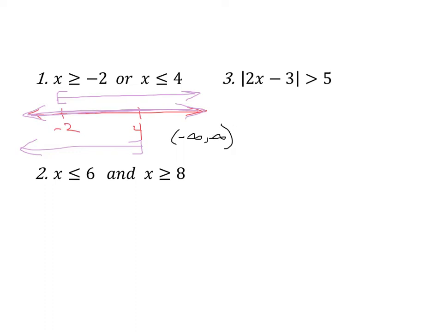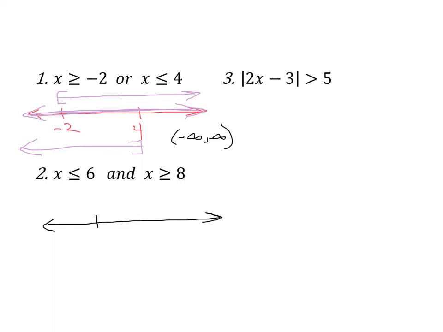Okay, and then in another case, if you have x is less than or equal to 6 and x is greater than or equal to 8, it means both of those cases have to be true for your solution set. So if you think of everything in x is less than or equal to 6, wherever it overlaps with everything x is greater than or equal to 8, that's your solution set.